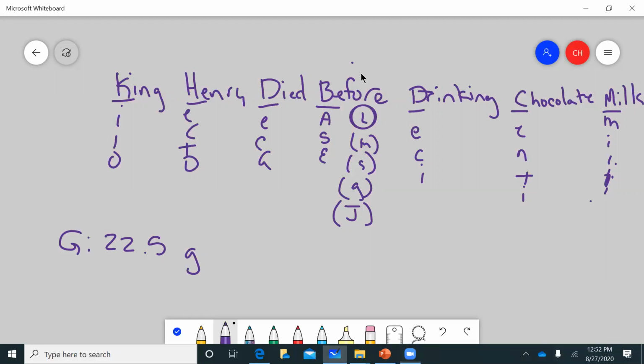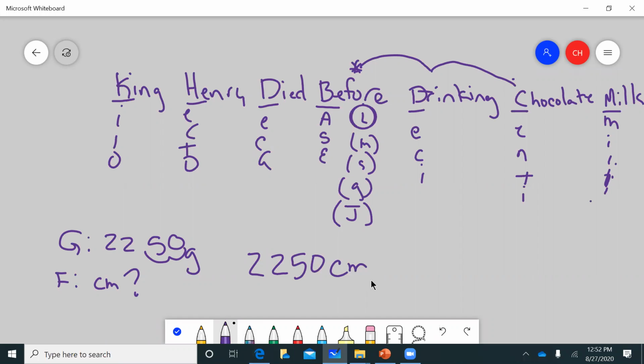So we're starting here at our base unit, and let's say we're trying to find how many centimeters this is, because the problem requires you to do that. So I need to go from my base unit over to centimeters, which is the chocolate. So I'm gonna hop 1, 2 hops. Take your decimal, hop it out 1, 2, and fill it in with a 0. You end up getting 2250 centimeters.